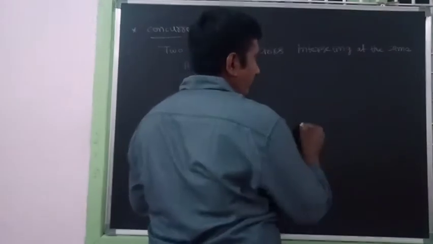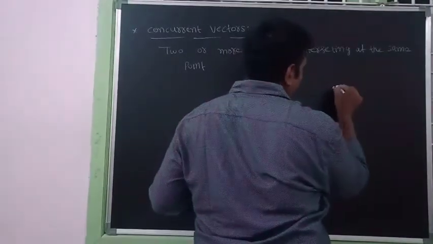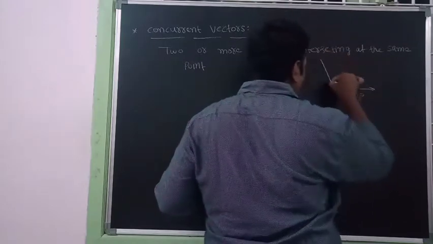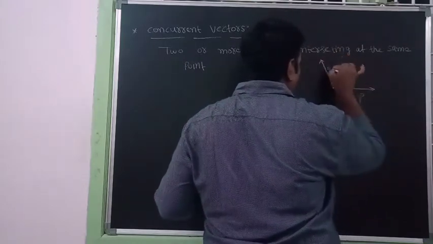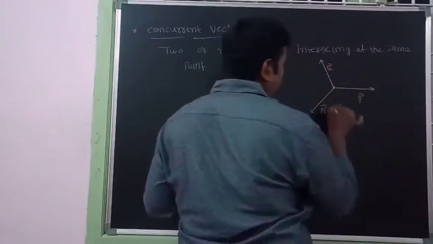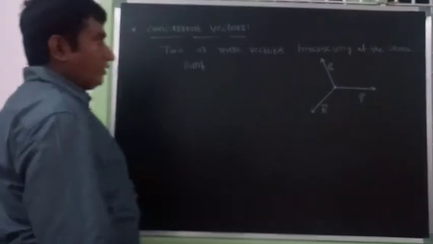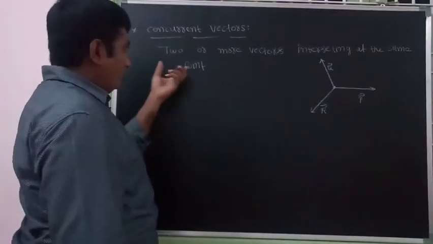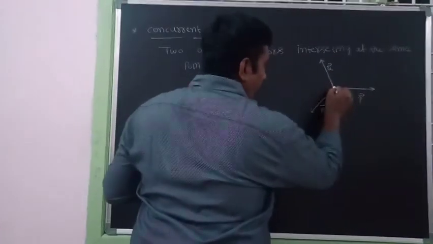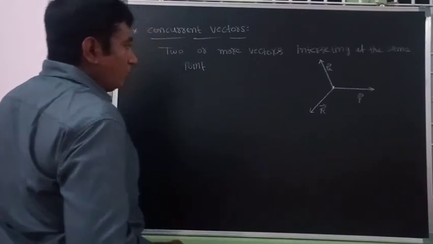If I take three vectors like this, one is a p vector, another is a q vector, another is an r vector. Here all these vectors intersect at one particular point, and such type of vectors we call concurrent vectors.